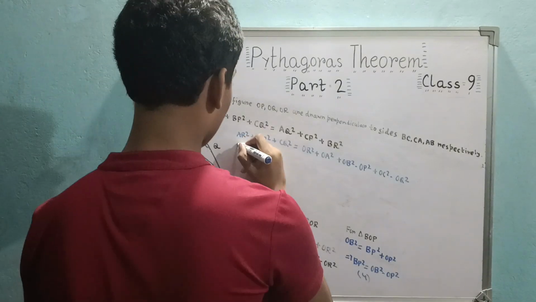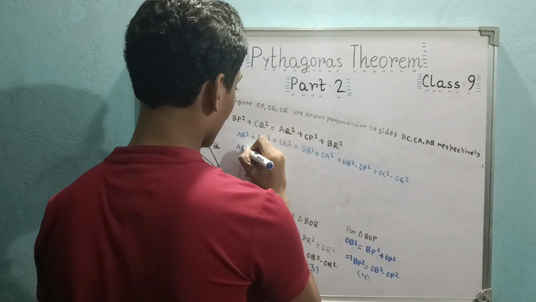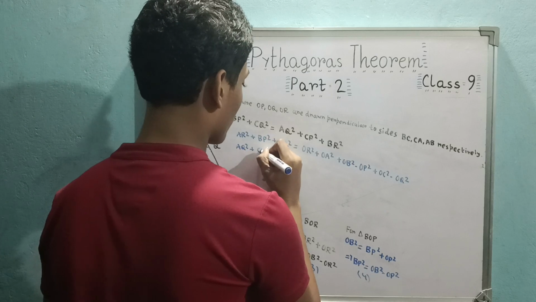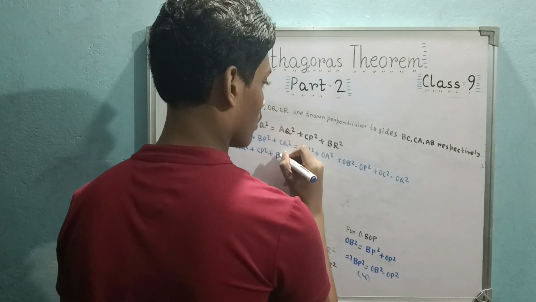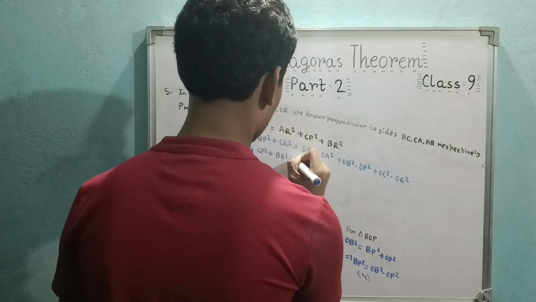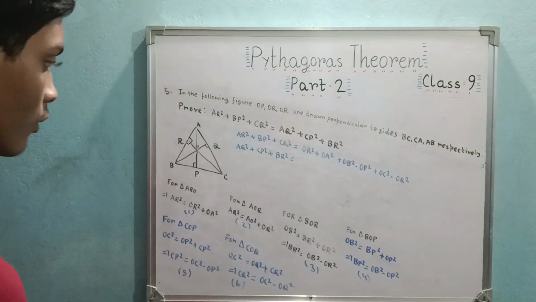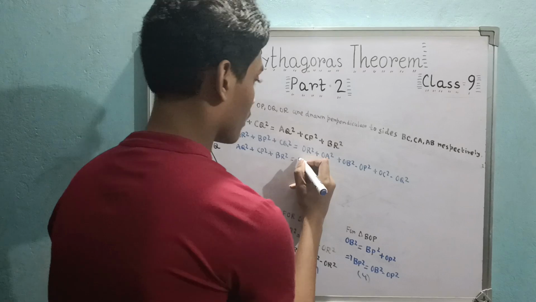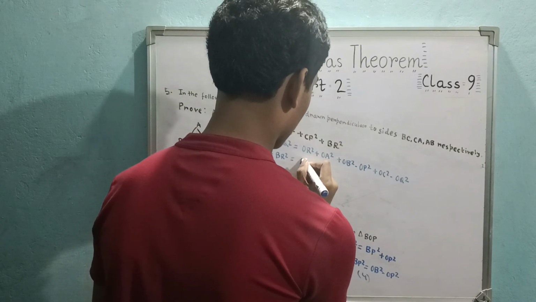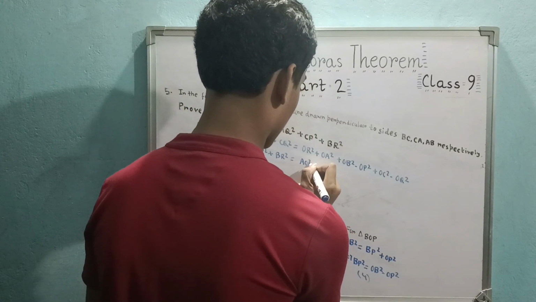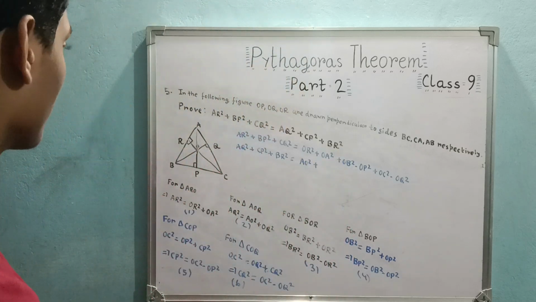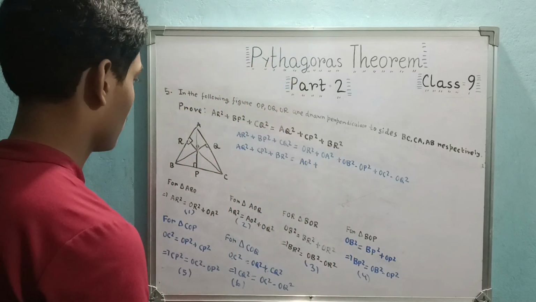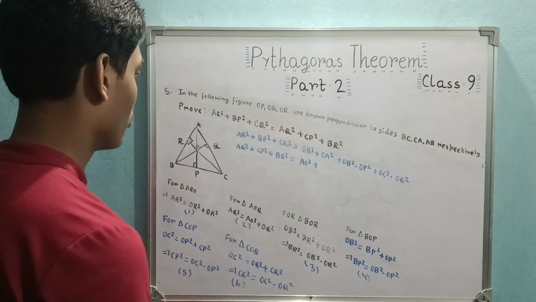And then I will do AQ square plus CP square plus BR square equals what? AQ square is equal to AO square plus OQ square. Okay, let's see one thing. AOQ.